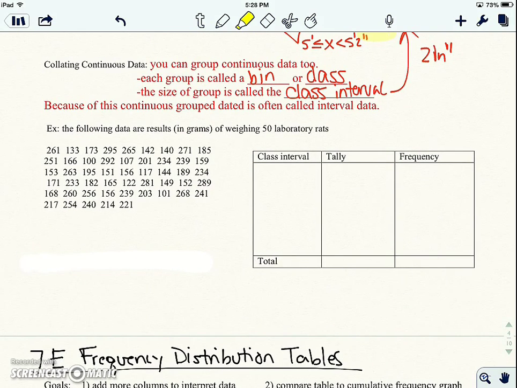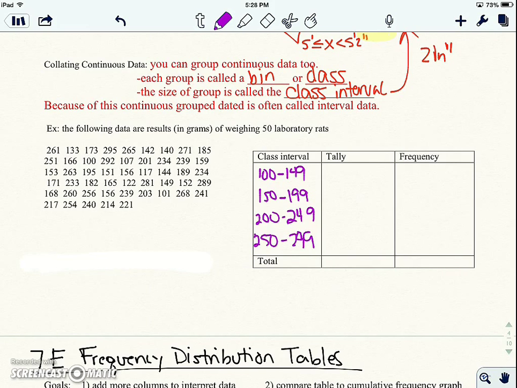The following data are results in grams of weighing 50 laboratory rats. So I could go ahead and group it by, say, 50 grams. So this is from 100 up to 149, from 150 to 199, 200 to 249, and then 250 to 299.